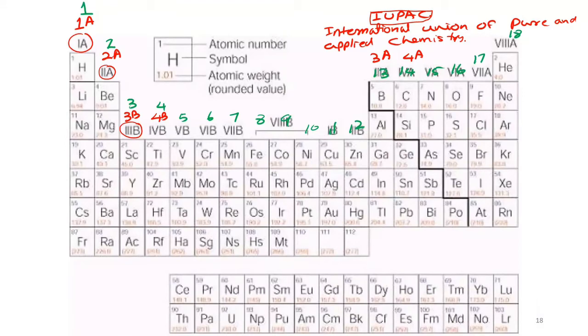So this is the IUPAC numbering system. So in the periodic table, whatever the numbering system you see, now you have an ability to correctly identify.